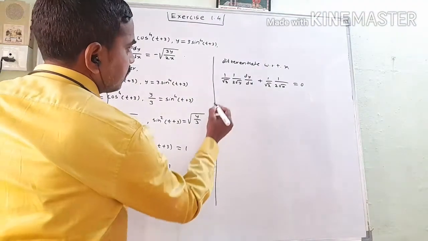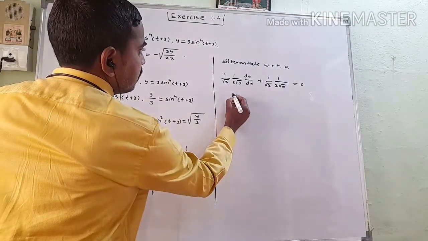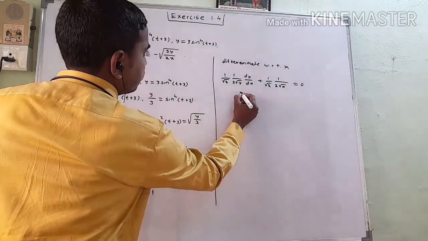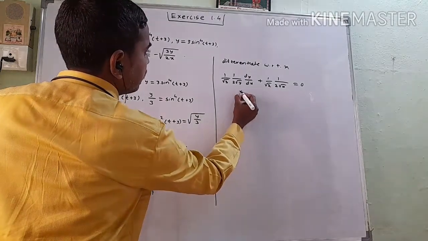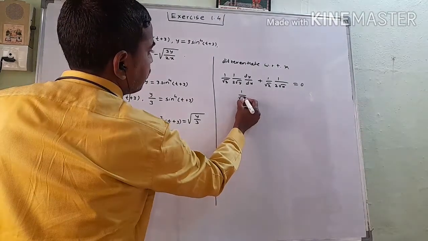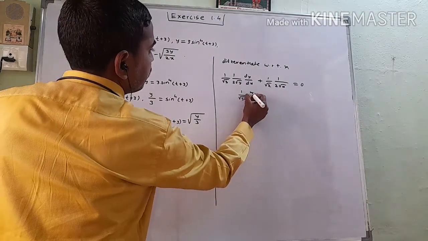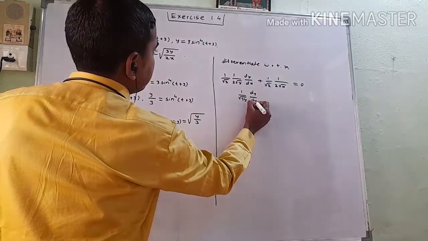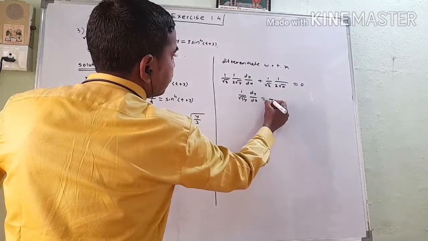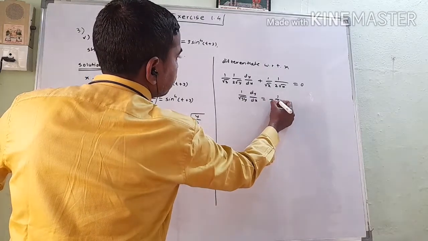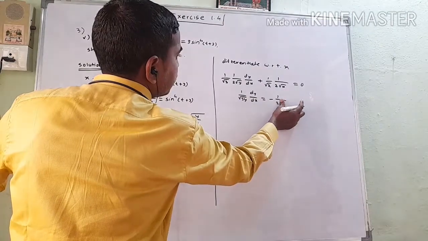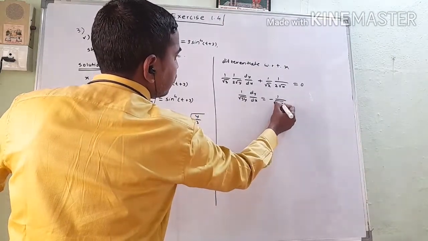Now here after simplification we can write this equation as 1 divided by root 3y into dy by dx equal to, this term we take on the right side, then we get minus 1 divided by, with a single root sign, we have to write here 2 root x.